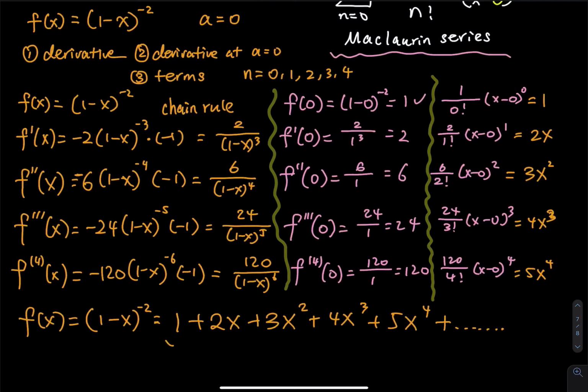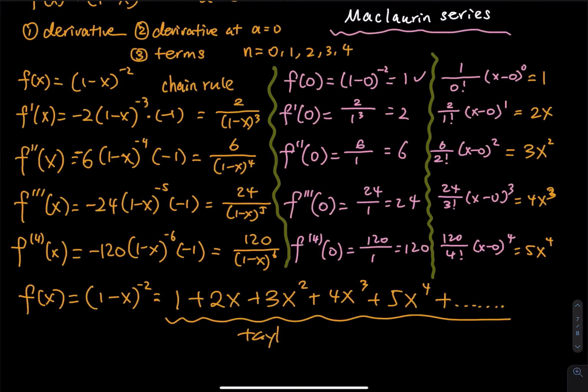So do you see that there is a Taylor polynomial right here? So this is called the Taylor polynomial. The graph of this Taylor polynomial is very similar to the graph of the given function, but you have to use more terms. The more terms you use, the higher similarity you will see.